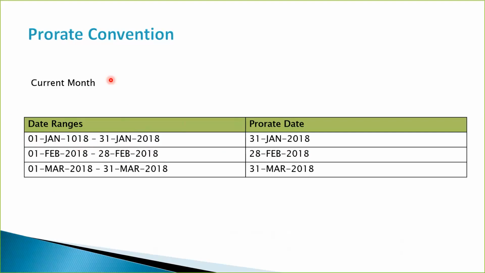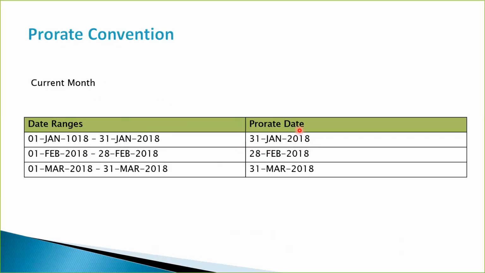When you input that date placed in service to your convention, it will give you a prorate date. So the prorate date for that particular asset will be 31st January 2018. Basically, the convention uses the date placed in service, which you specify for your asset, to obtain the prorate date.